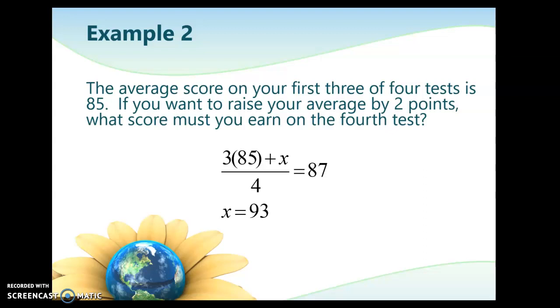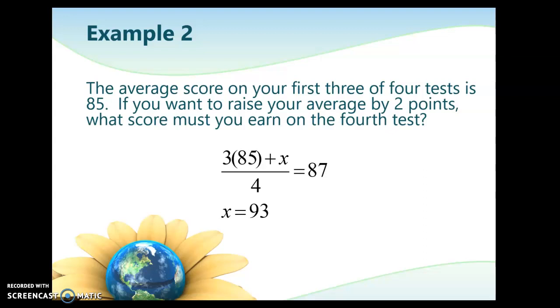Well, we already know that we scored an average of 85 on the first 3. So 3 85s added together, or 3 times 85, is 255. So we already have 255 points. We need to figure out the remaining number of points we need to get on the 4th exam. And so we'll take the total number of points necessary, 348, minus the 255.